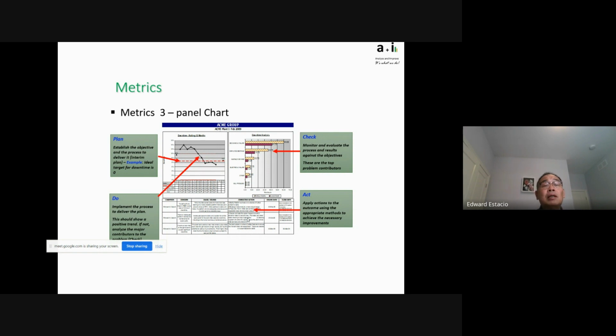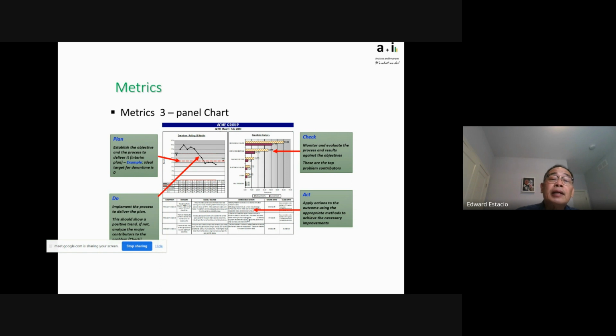Downtime, for example, where ideal would be zero, but we all know that at the beginning we don't want to set it at zero because maybe it's just impossible. So we set it a little bit above that, which is what is acceptable to the group, for example. So that's the planning part.